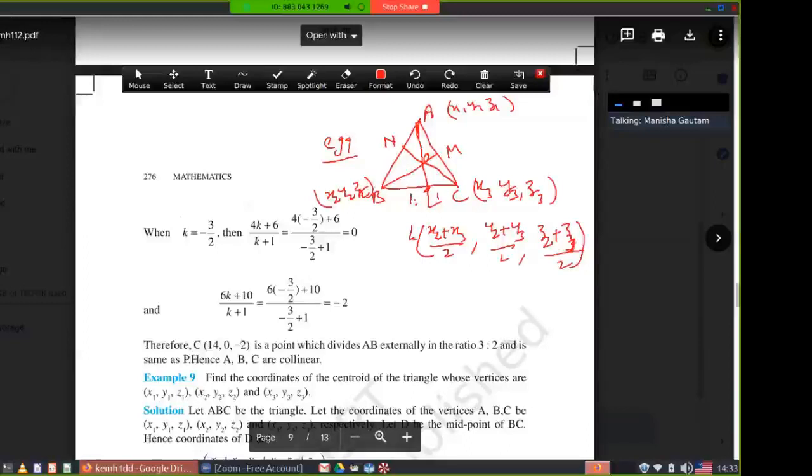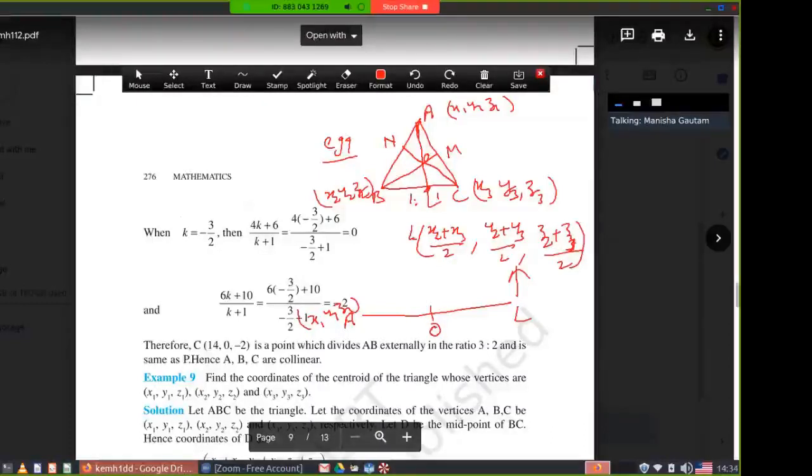Now I have to just draw a line horizontally like this. Now you know the coordinates of A, x1, y1, z1. You calculated above the coordinates of L. These are the coordinates of L. Now O is lying on this AL.